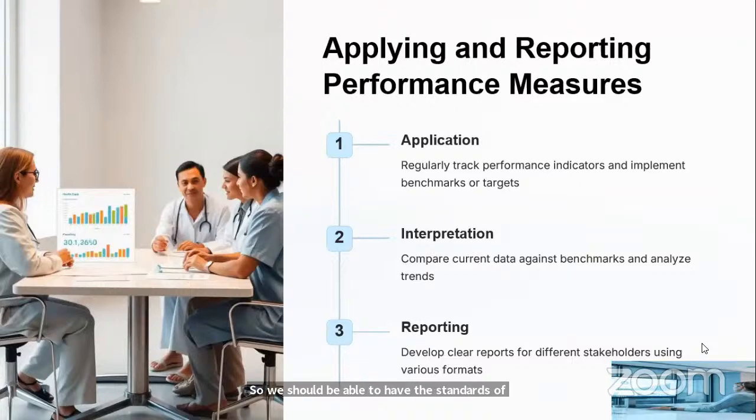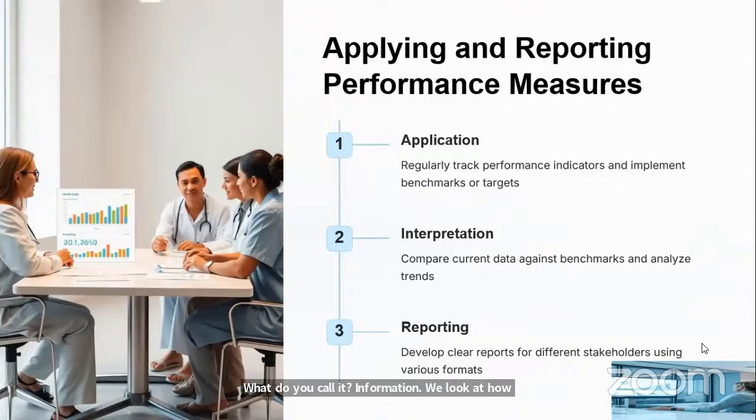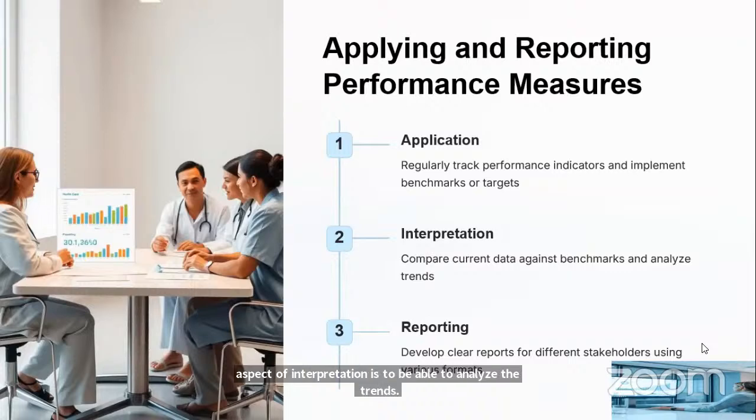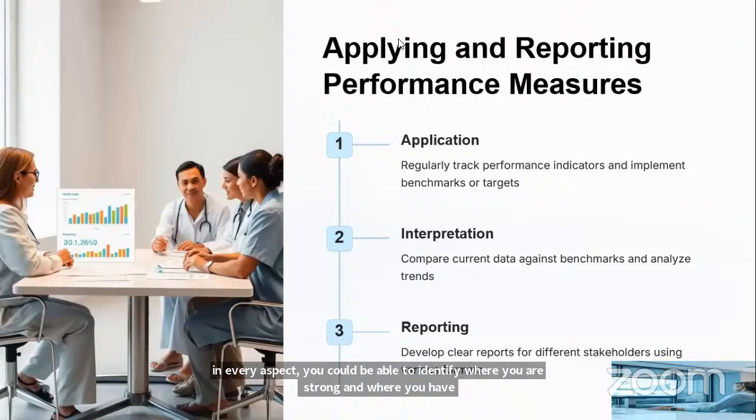And then once we have our own information, we look at how we can interpret and compare available data we have with the industrial standards. Another aspect of interpretation is to be able to analyze the trends from the existing data so that we'll be able to identify where we have strengths and where we need to improve. Very, very vital. Because in every aspect, you should be able to identify where you are strong and where you are lacking and require some improvements.